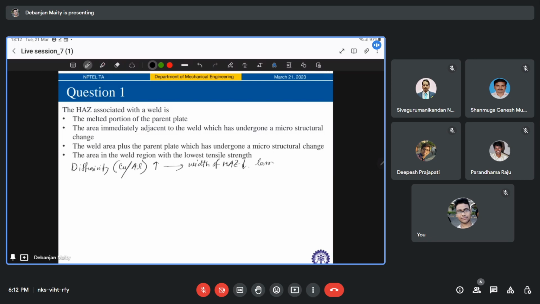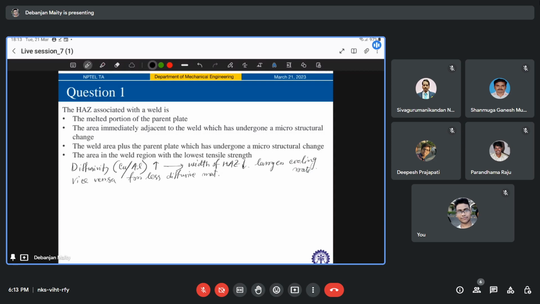A high diffusivity gives a larger cooling rate, and vice versa for less diffusive material, right?